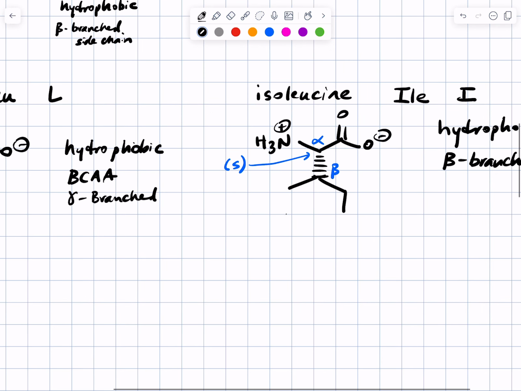So we'll put the other methyl group there. This stereocenter should also be S. Let me just check on that because I want to make sure that I don't tell you the wrong thing. But I'll assure you that I'm actually not going to test you on the side chain stereocenter for isoleucine, okay? Because if I've been studying peptides and proteins for 20 years and I don't know it, you probably don't need to know it either.